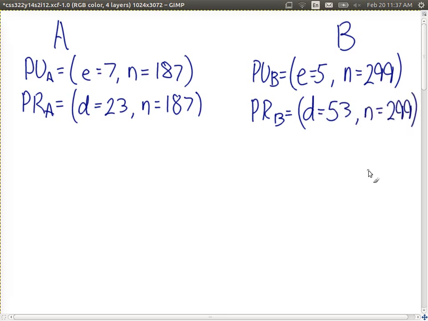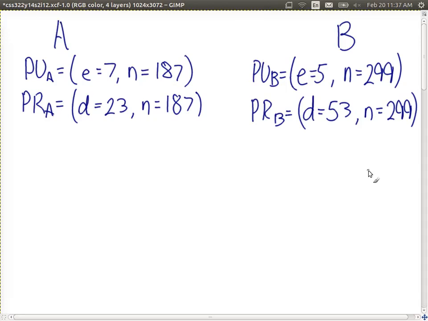So each user at the start generates their own key pair. A and B have their key pair, those values. And now they exchange public keys. Let's tell each other their public keys. So what is known by each user is your own key pair plus the other's public keys.